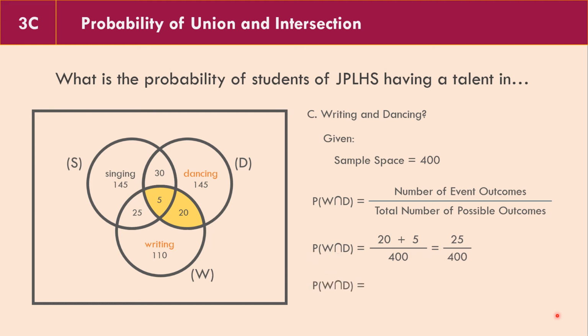And the lowest term of 25 over 400 is equal to 5 over 80, because 25 divided by 5 is 5, and 400 divided by 5, the answer is equal to 80.